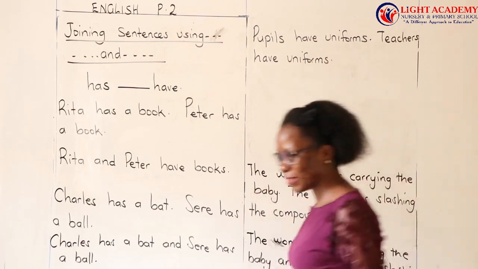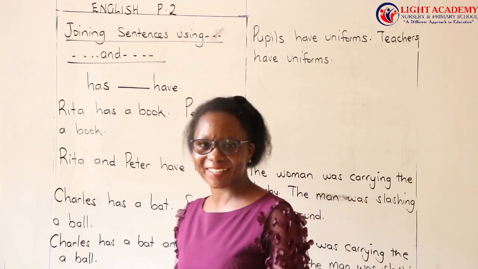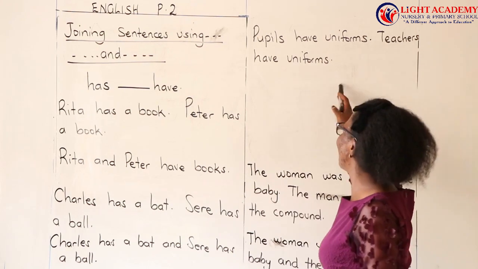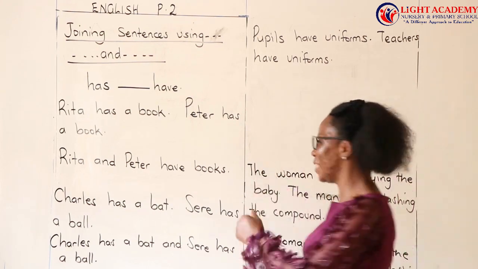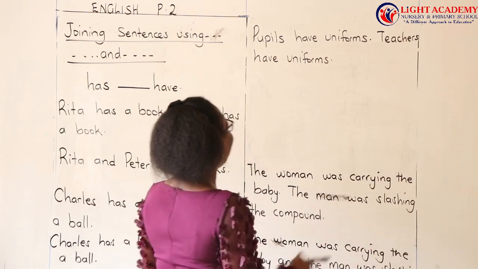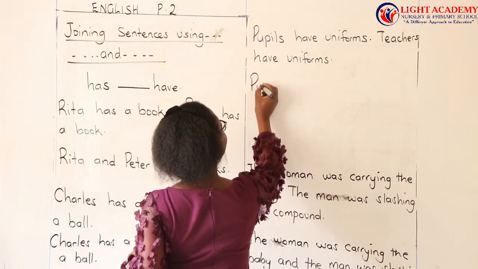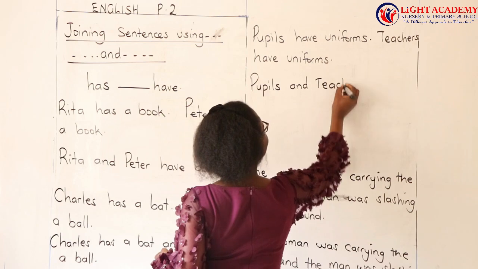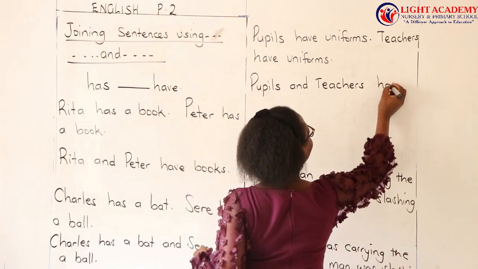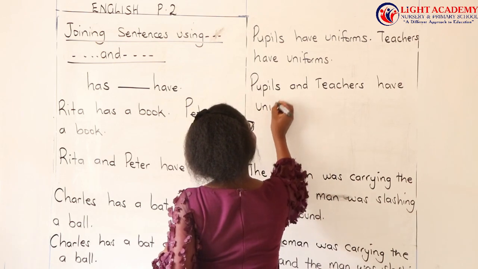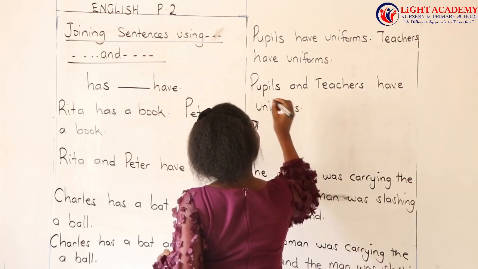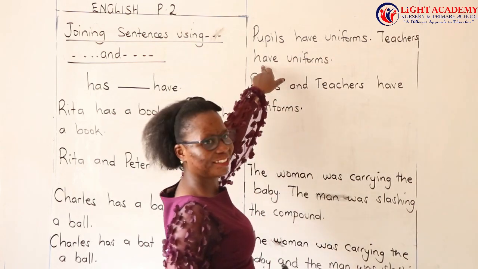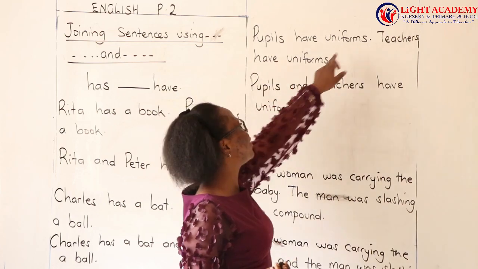Teachers have uniforms. If you have been watching me very well, if you have been following me from the start, can we have an answer for this sentence here? I'm waiting. So the answer here will be pupils and teachers have uniforms. Full stop. The have here will not change because the item they have is the same.